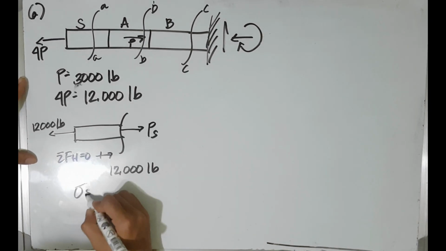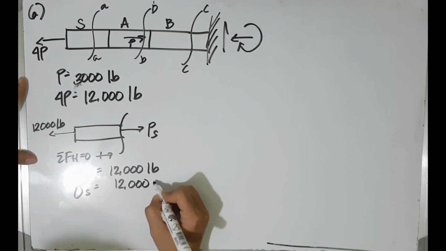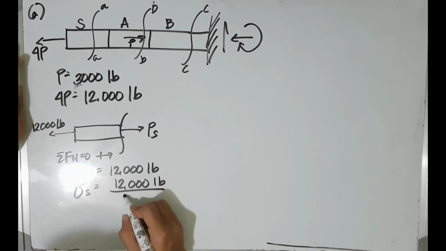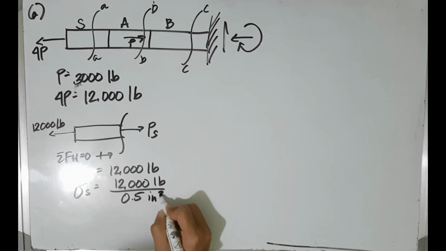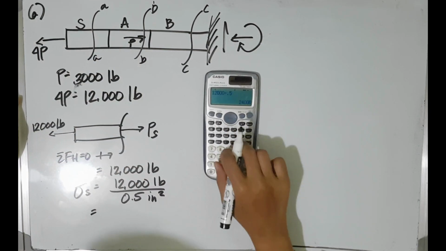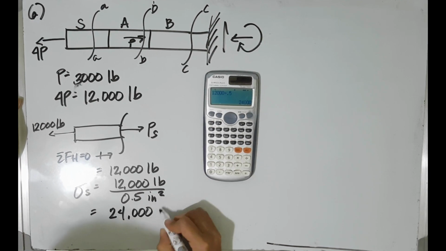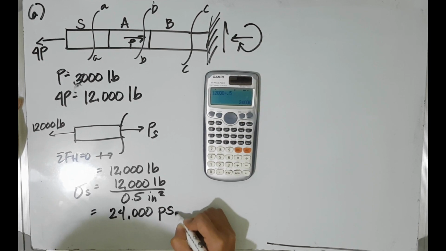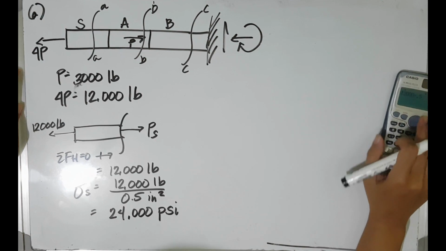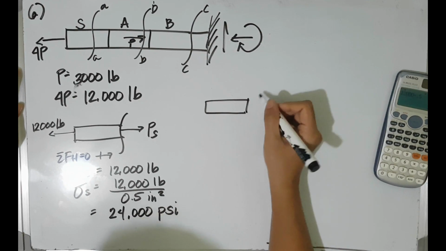Therefore, the force at the steel section is equal to 12,000 pounds. And then the stress at the steel section is equal to 12,000 pounds divided by the cross-sectional area, which is 0.5 square inches. Therefore, it is equal to 24,000 pounds per inch squared. So psi is pounds per inch square.